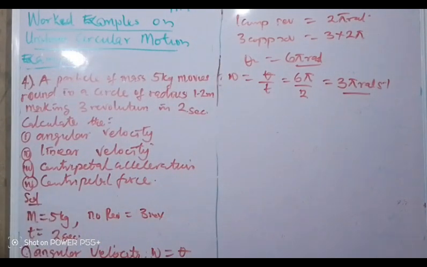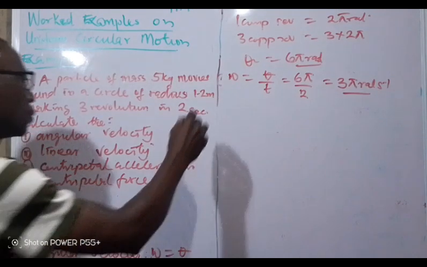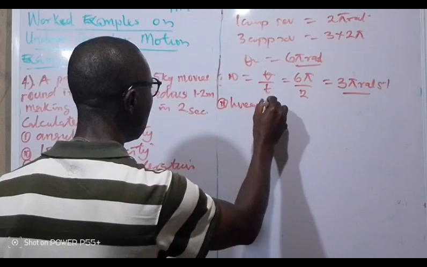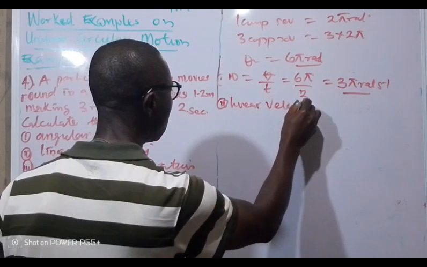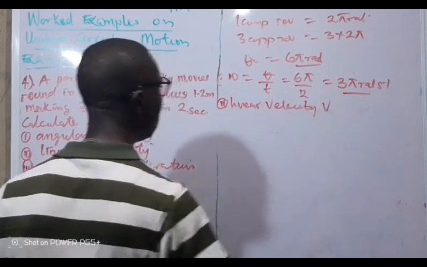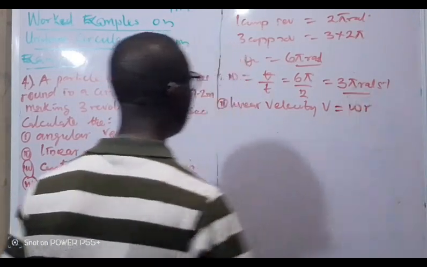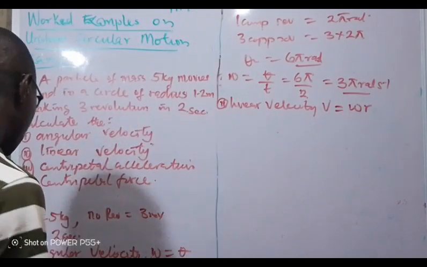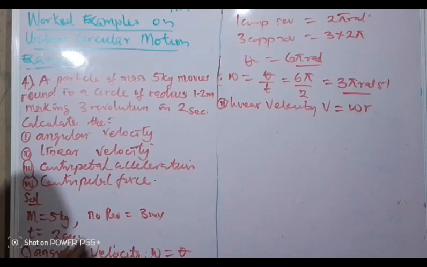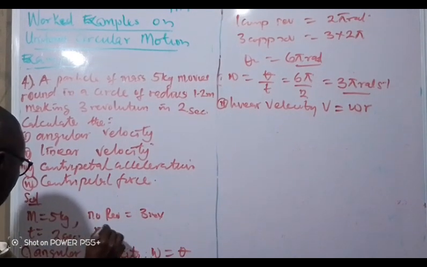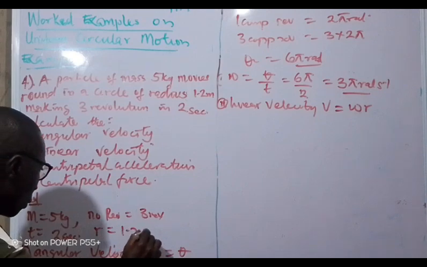Then to move to question 2, linear velocity. V, don't forget, V is equal to omega r. And for the question, our r is given as 1.2 meter.